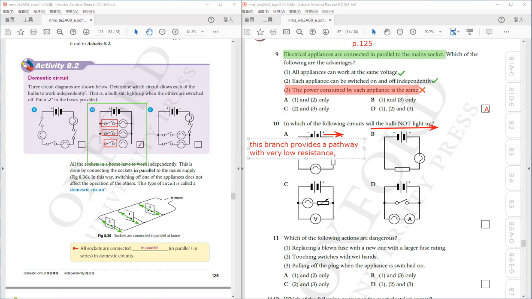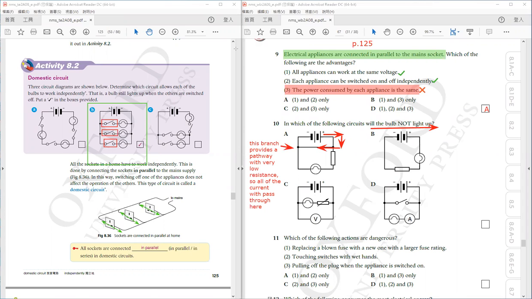So all of the current will pass through here. Okay, I need the smaller words. This branch provides a pathway with very low resistance.